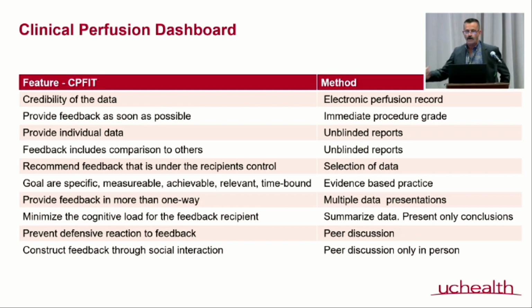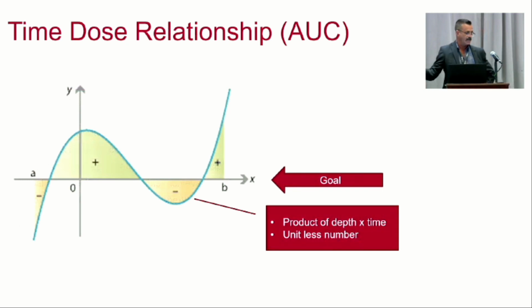But really what we need going forward is real-time dashboards, so they're in front of the clinician while they're actually doing their work. And here's the challenge with those. We've had a lot of conversations the last couple of days about area under the curve, and as you all know, it's a product of depth times time below a goal.